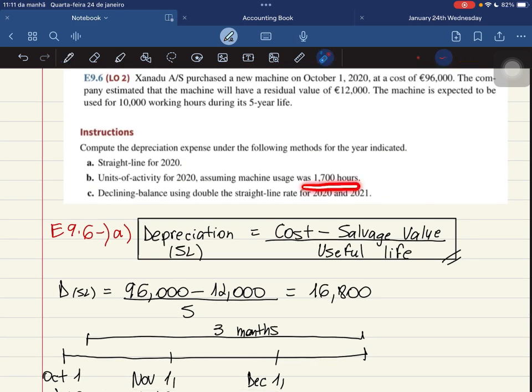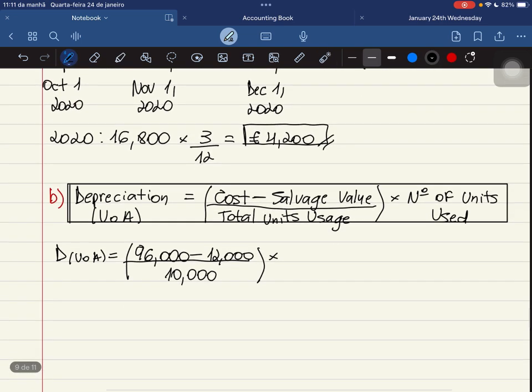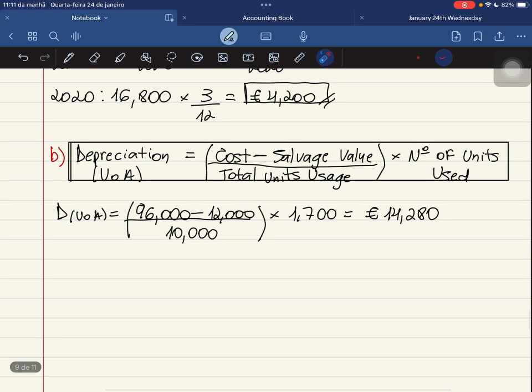Here they said that for 2020 it was 1,700 hours. That gives us 14,280.